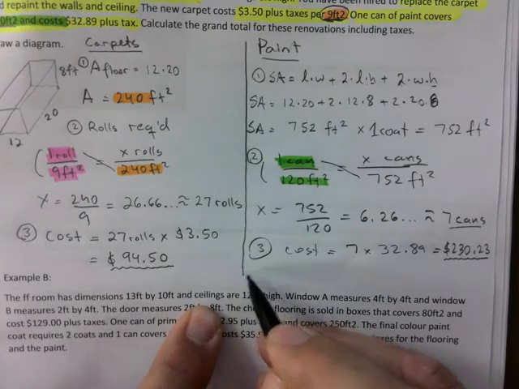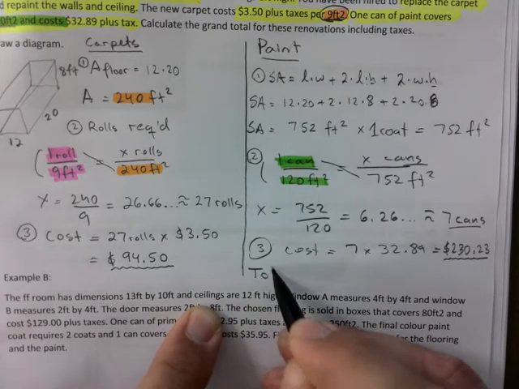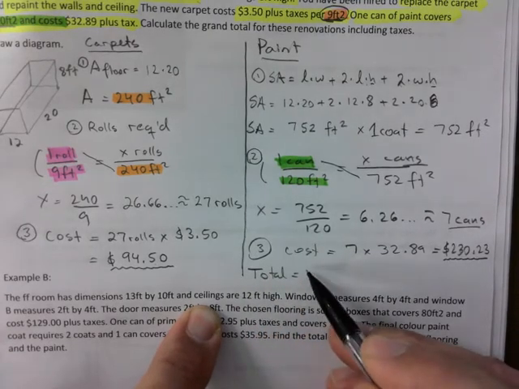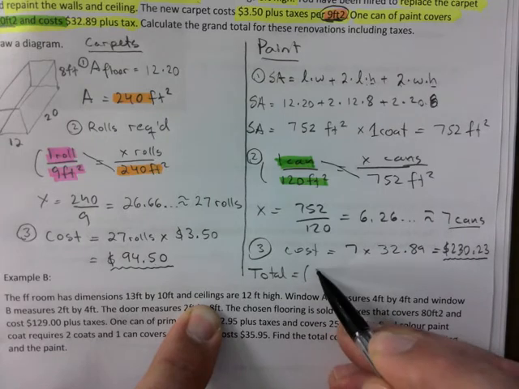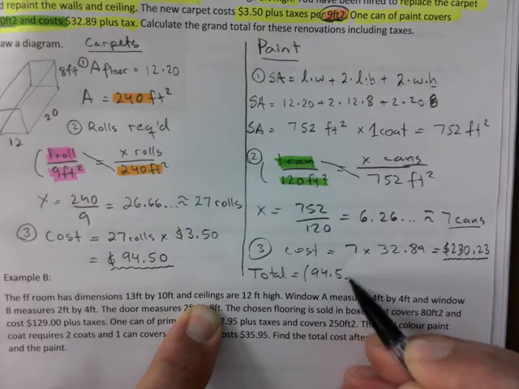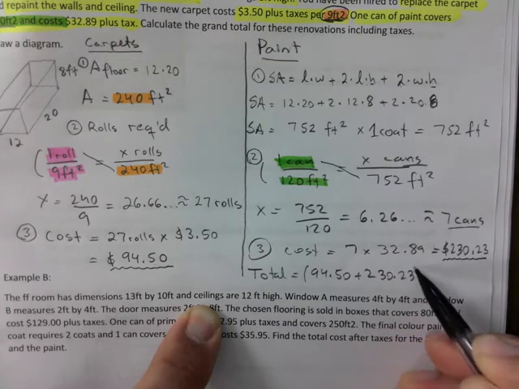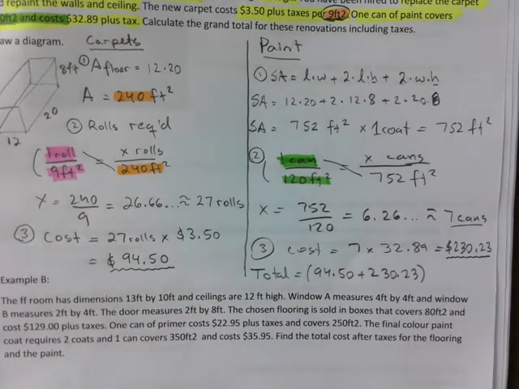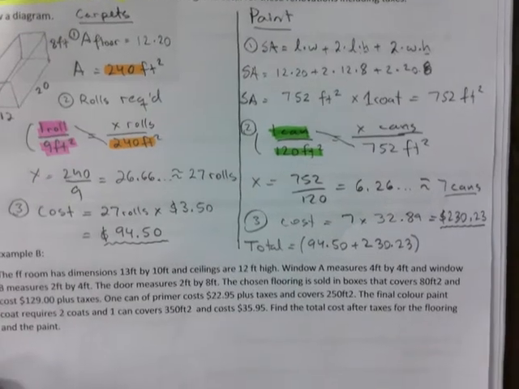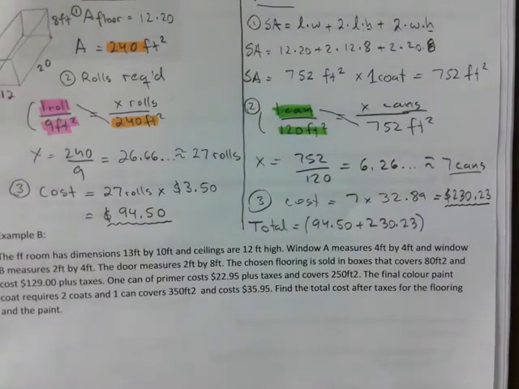So watch this. Total is, careful here, I'm going to go 94.50 plus 230.23. Yikes, this is going to be tight. Times what?